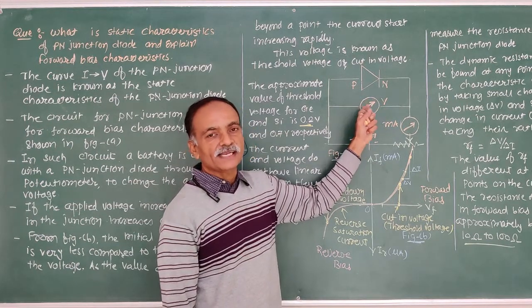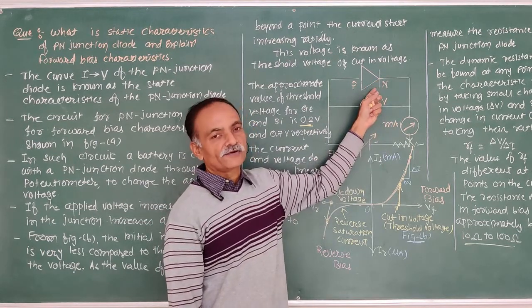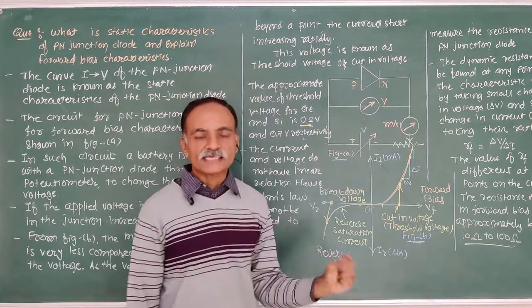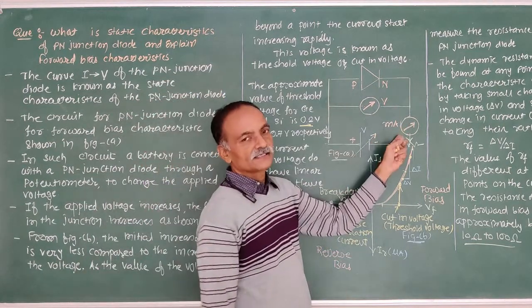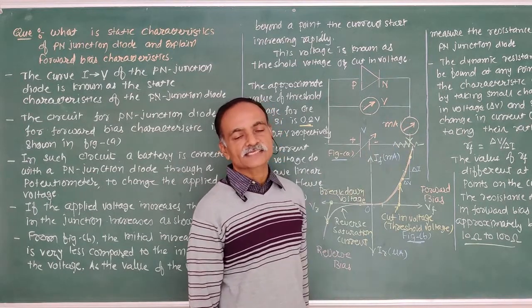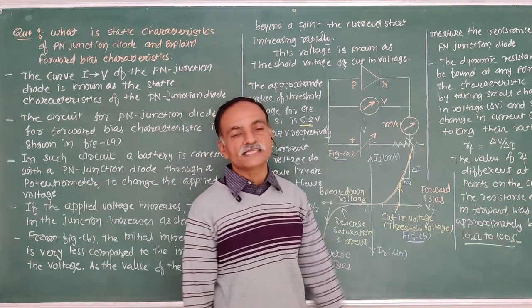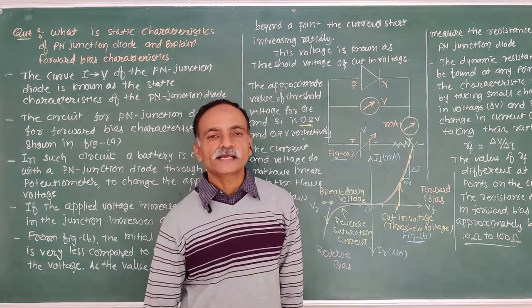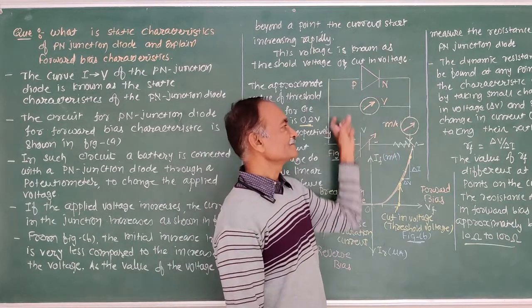It is always connected in parallel to the battery and also the diode. To measure the current flowing through the PN junction diode in forward bias, a milliammeter is connected in the circuit. This milliammeter is always connected in series with the battery and PN junction diode. So that is connected in series.